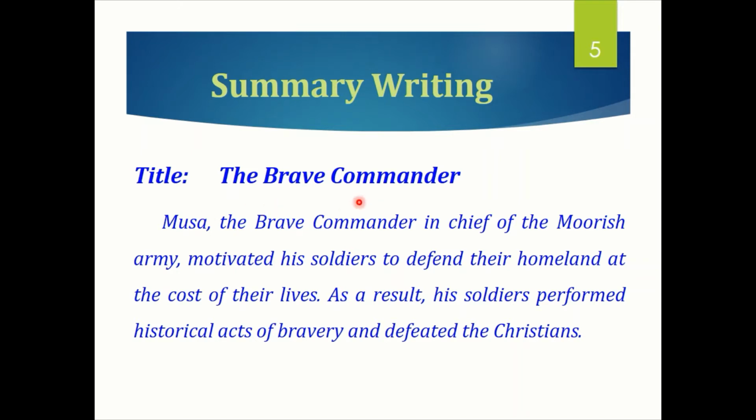The brave commander, basically the whole passage is about the bravery of this commander, General Musa. In this paragraph there are a lot of dialogues that he made while he was speaking to his soldiers, while he was motivating them. He was delivering so many emotional dialogues.